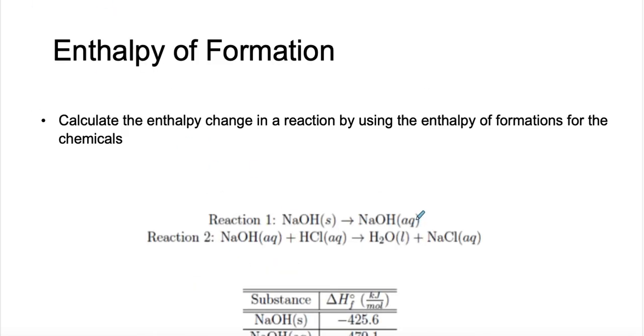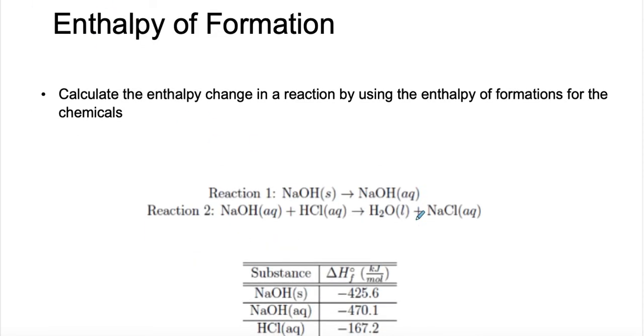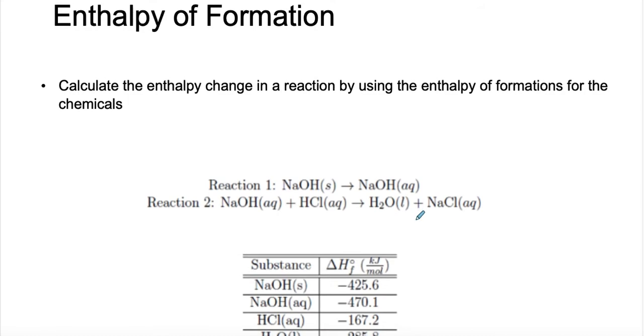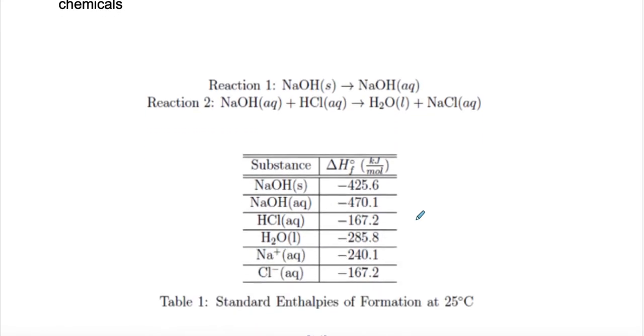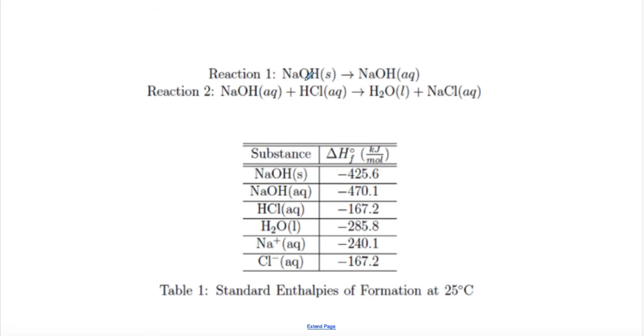All right, and then enthalpy of formation, you should be able to calculate the enthalpy of a reaction using enthalpy of formations of these. So this is an example of that. So we have reaction 1, we have reaction 2, and it tells you the enthalpy of formation of the different substances. It's given by this triangle H with a little F on there, and that's at standard temperature and pressure. And you can see what all those enthalpies are.